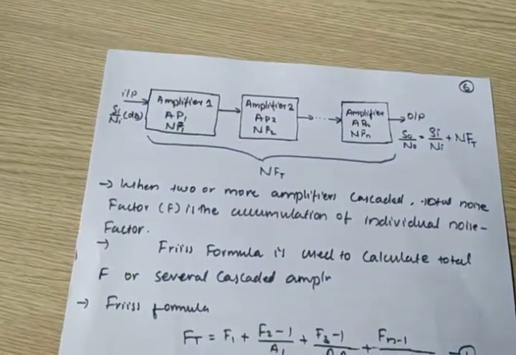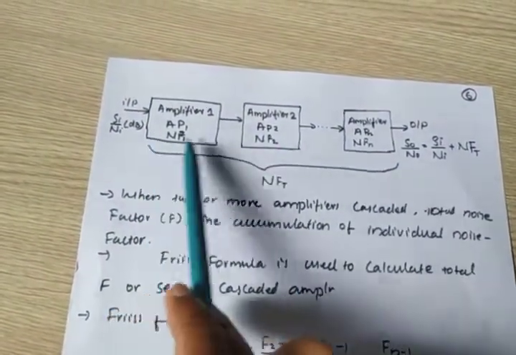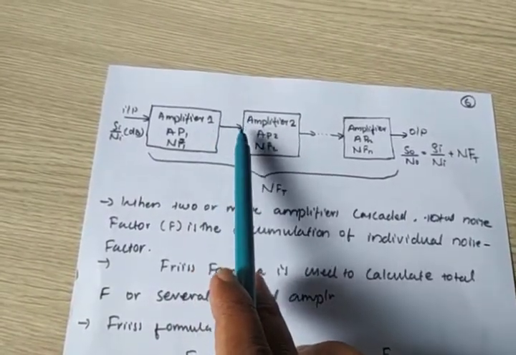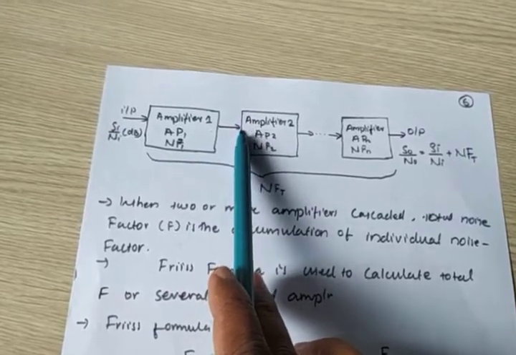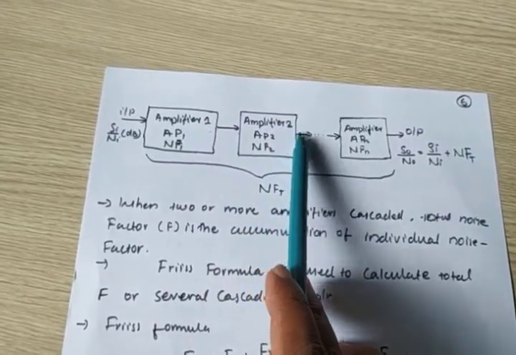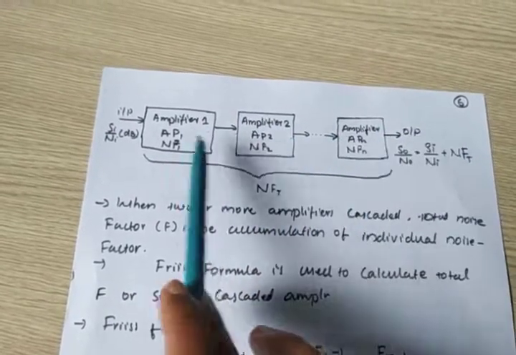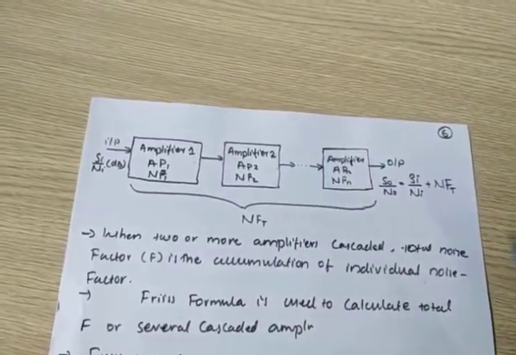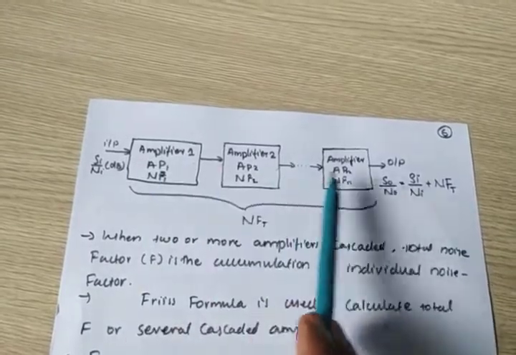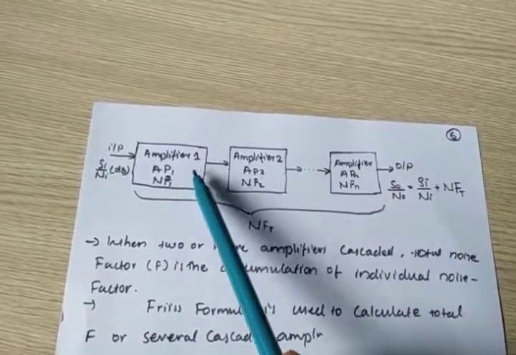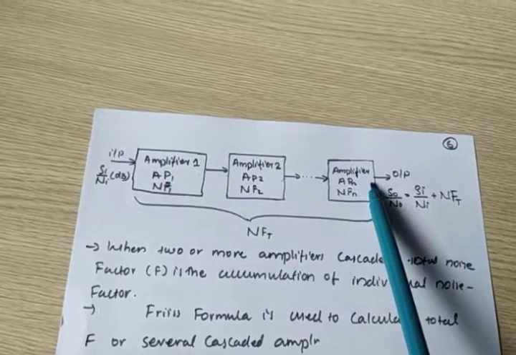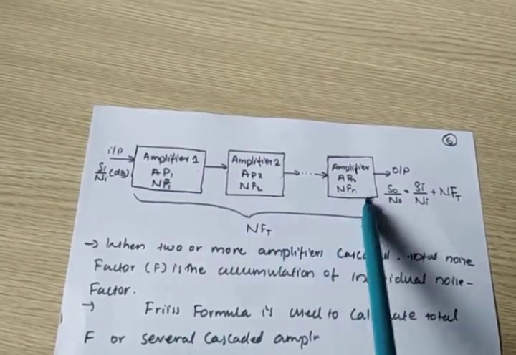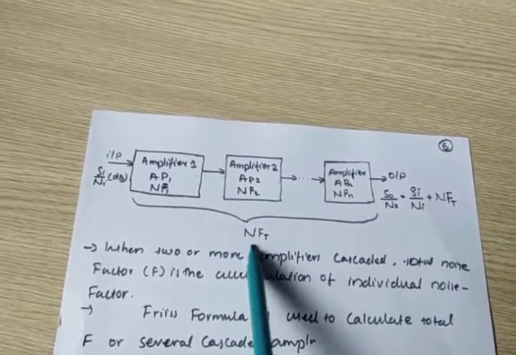Now consider n amplifiers cascaded. Cascaded connection means the output of one amplifier is tied to the input of the next amplifier, and the output of that is tied to the input of the following one. This connection is called a cascaded connection. So I am connecting n amplifiers in cascade. Each amplifier has gain Ap1, Ap2, etc. up to ApN, and noise figure NF1, NF2, etc. up to NFN. The total noise figure is NFT.